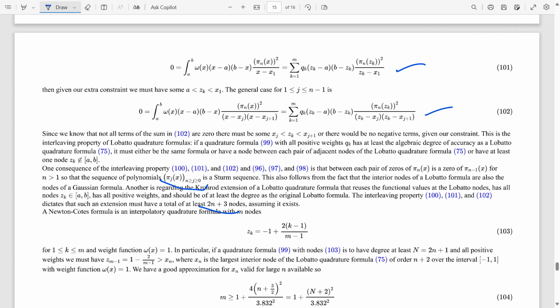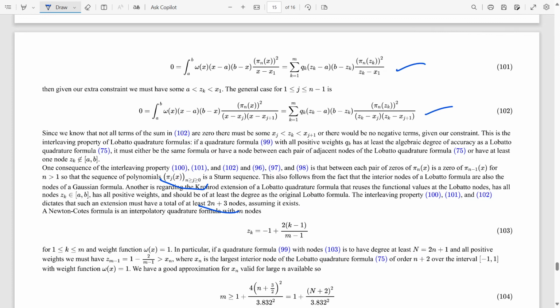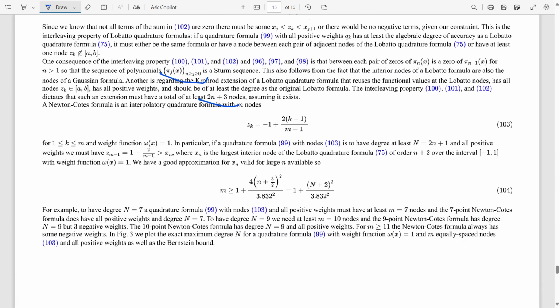A Newton-Cotes formula is an interpolatory quadrature formula with equally spaced nodes, including at the limits of integration, with omega of x equals 1. Okay.